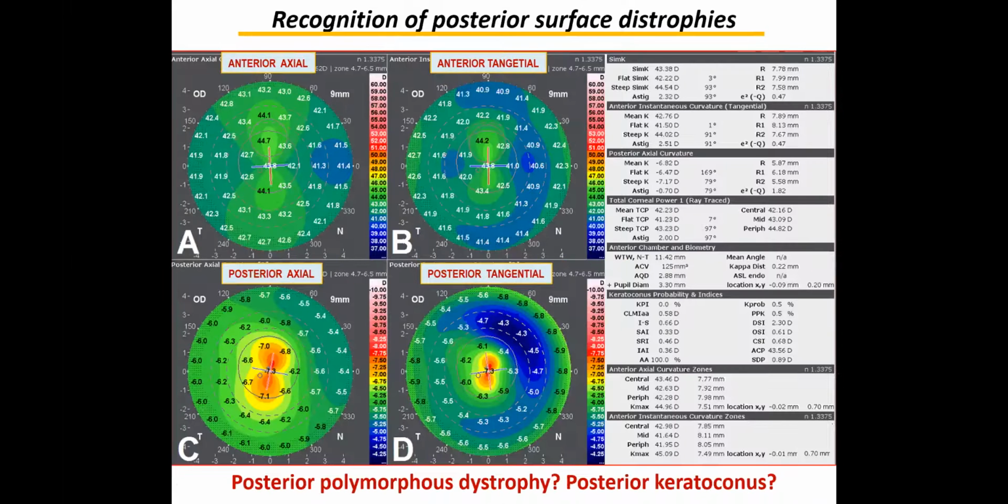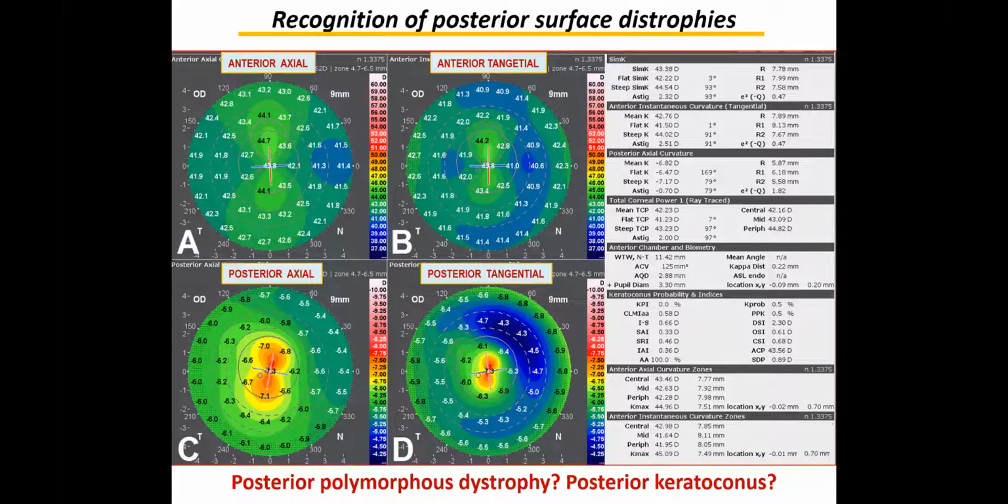We are collecting cases of this, and recently we got one case with posterior polymorphous dystrophy that comes from the United States, and another from Argentina, a similar case but with Fuchs dystrophy.